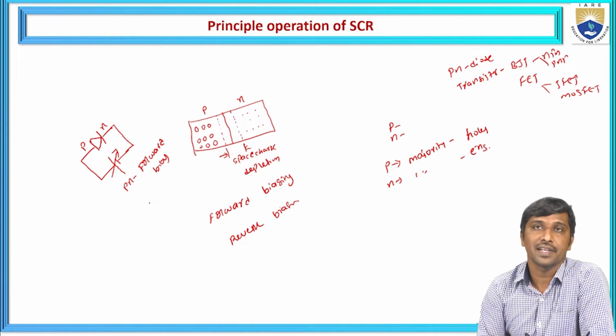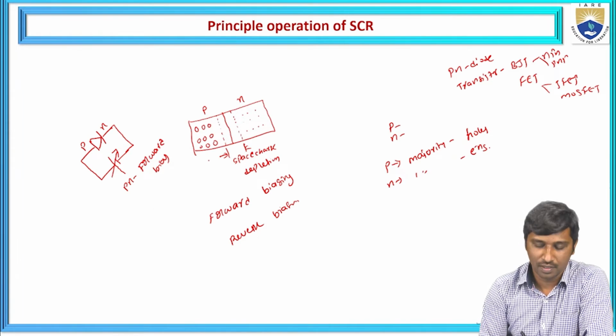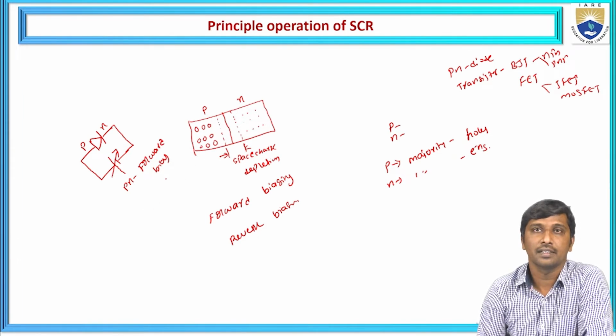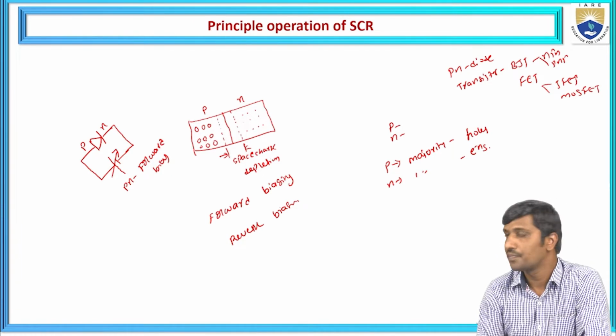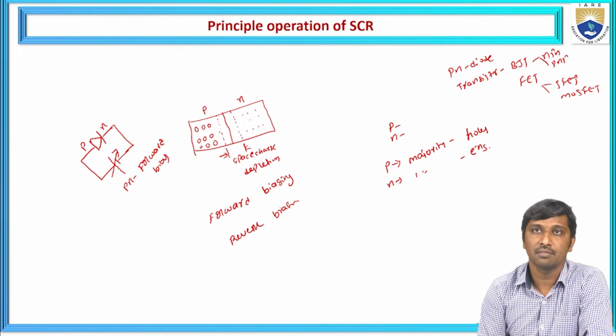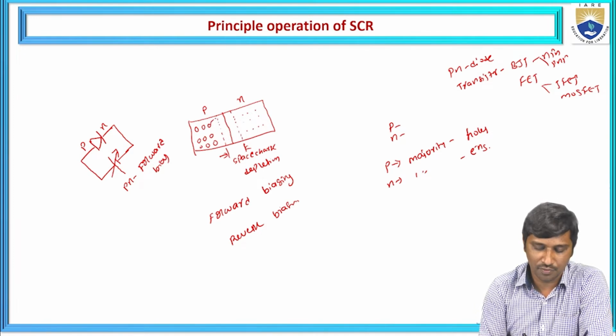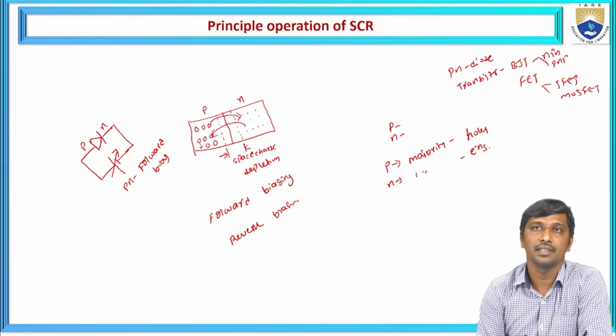Due to the applied electric field, the majority charge carriers diffuse across the junction: holes from the P region to the N region, and electrons from the N region to the P region, forming conduction.